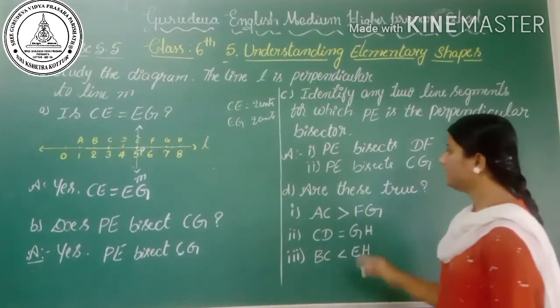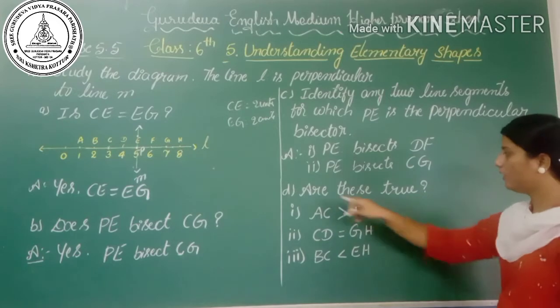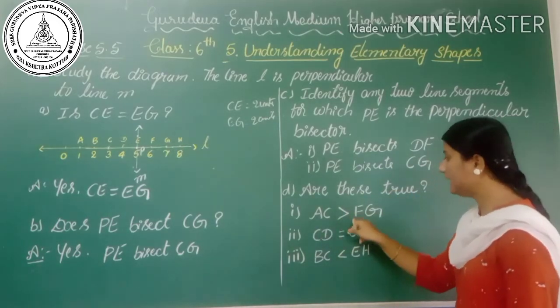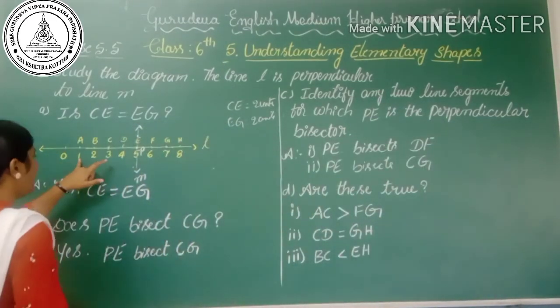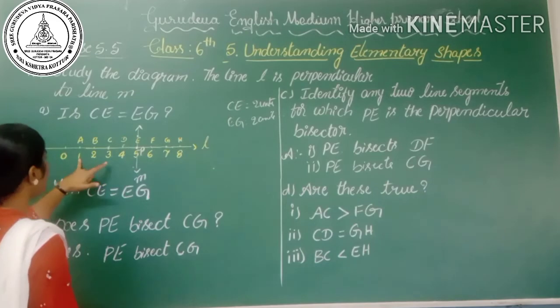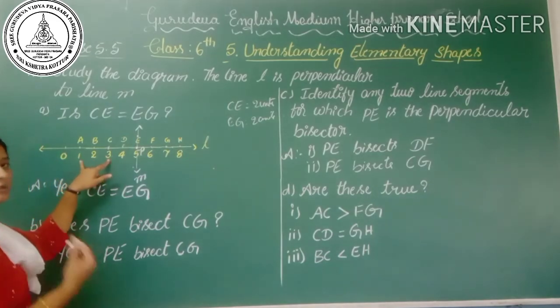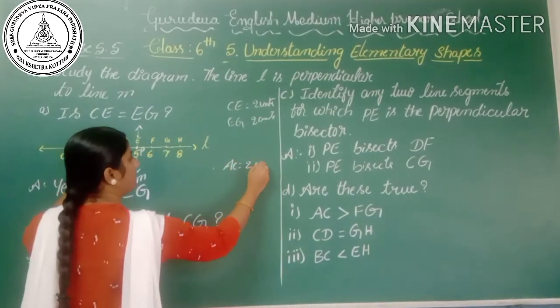Then the fourth one is, are these true? Given here are three statements. AC is greater than FG. The distance between A and C is 2 units, so AC is equal to 2 units.